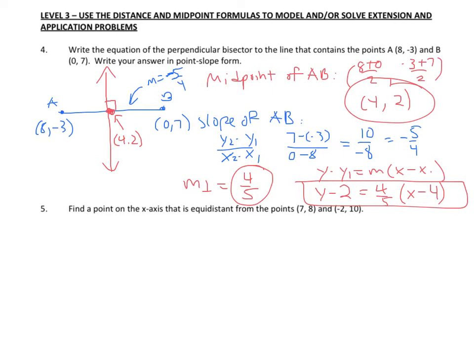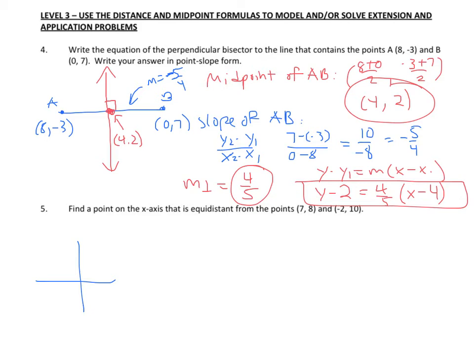This next example is another application of the distance formula. We want to find the point on the x-axis that's equidistant from the points 7, 8, and -2, 10. First, let's draw a diagram of what this will look like.